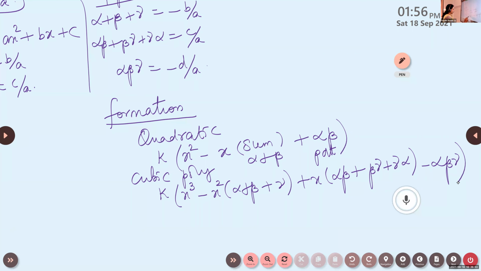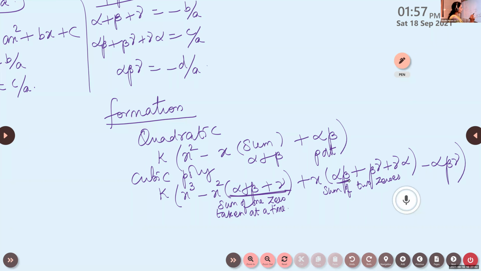Here, alpha plus beta plus gamma we call the sum of zeros taken one at a time. Sometimes instead of giving notations, they will give this in words, so you should know the terms. We take one zero at a time and sum. Here we call this the sum of two zeros taken at a time.